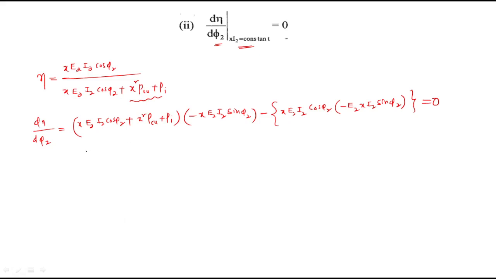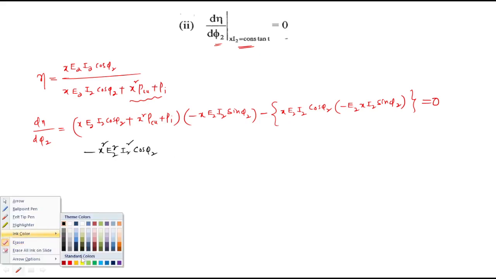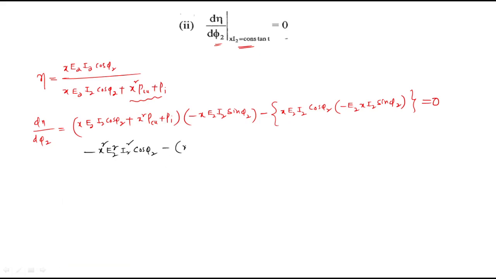So from this, minus x² E2² I2² cos phi2 plus or minus (x² PCU plus Pi) into x E2 I2 sin phi2, which equals this part, right?